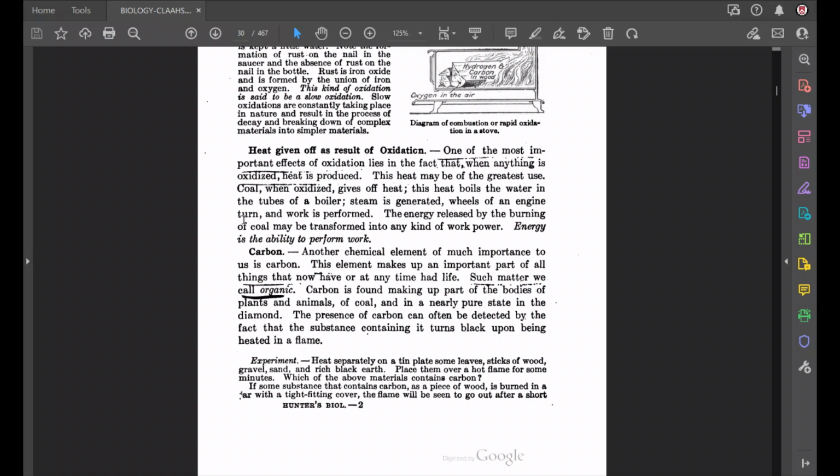Carbon, write this down. Carbon is present in all things that now have life or that had life. Carbon is present in anything that is living or has lived.